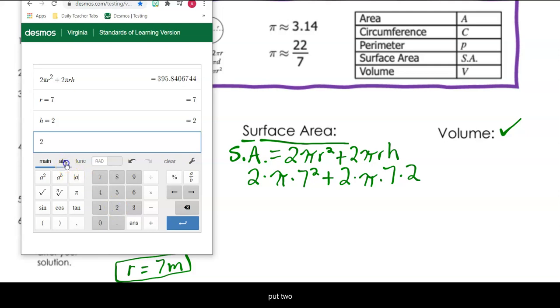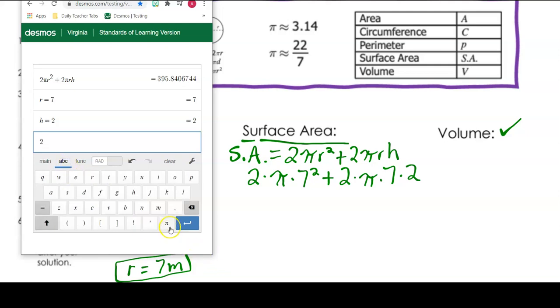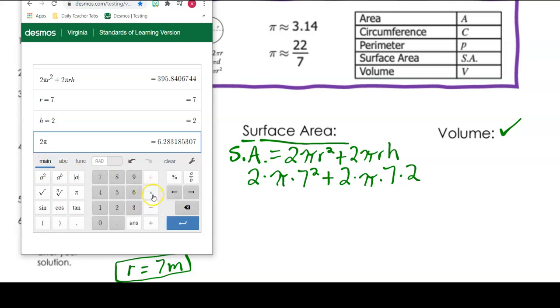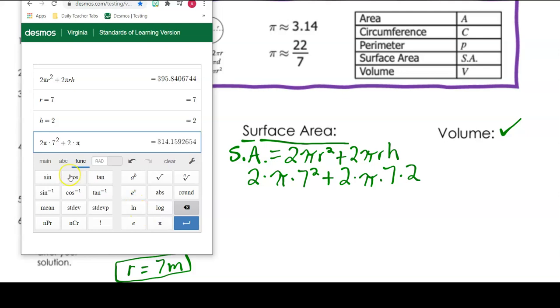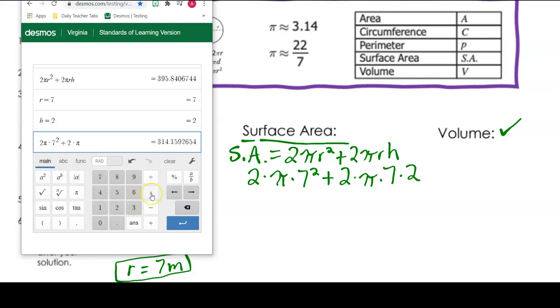I could put 2 pi times 7 squared plus 2 times pi times 7 times 2. And you notice I get the same answer.